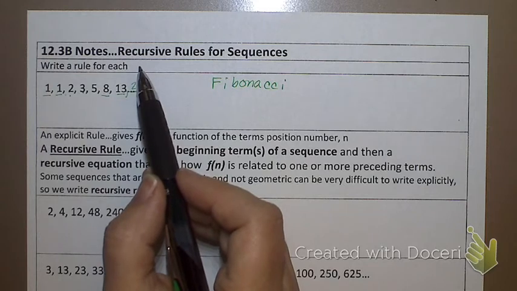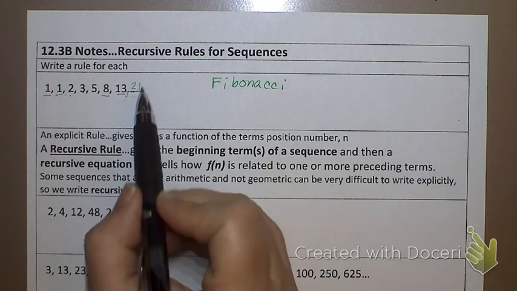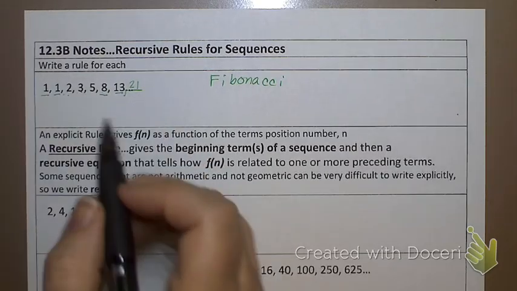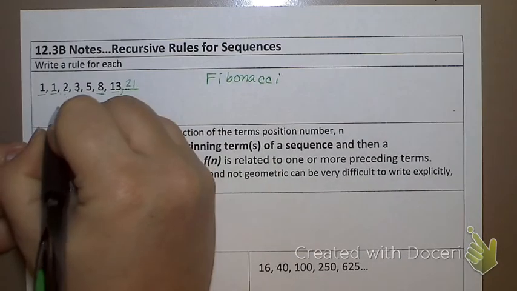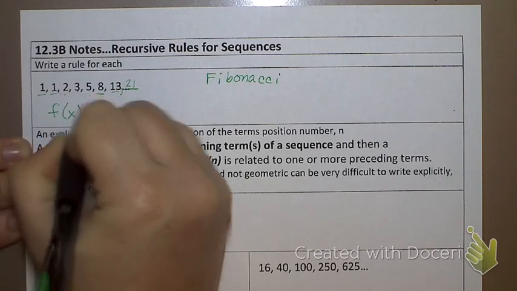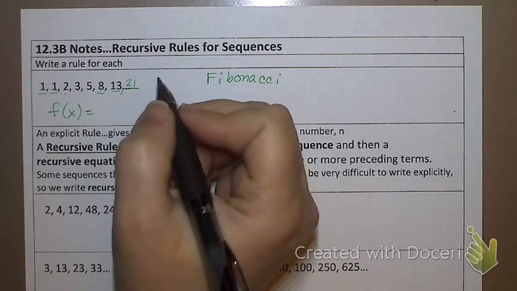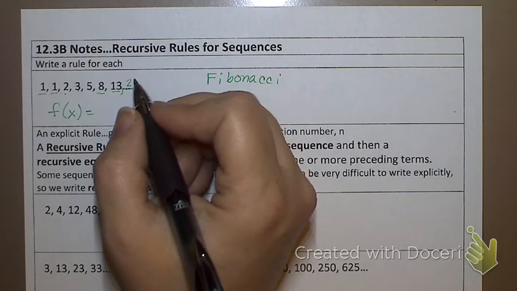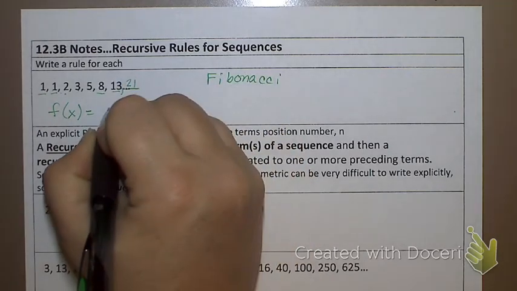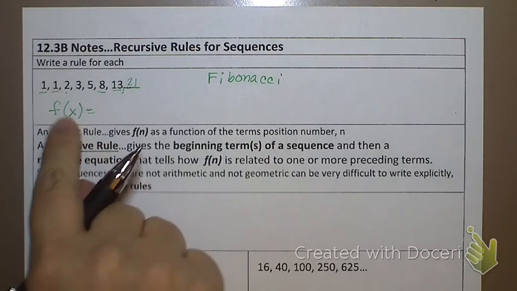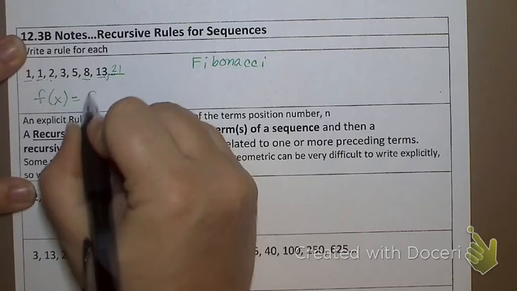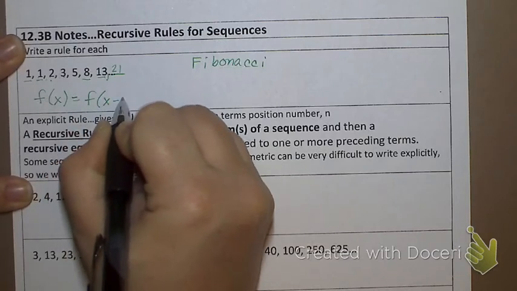All right? So let me write what the formula would be for this Fibonacci one, just so you can see the notation. You ready? So it's always going to start f of x equals, or sometimes you'll see f of n. Now, you were saying that we added the term before. How do I say the term before this one? F of x minus 1.